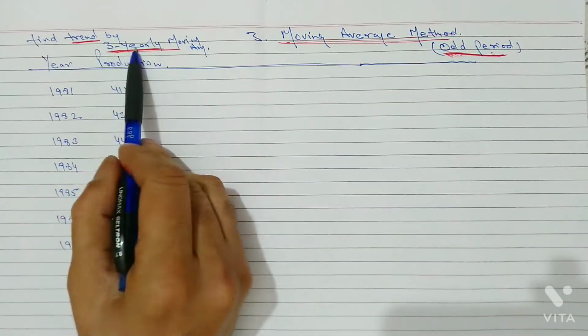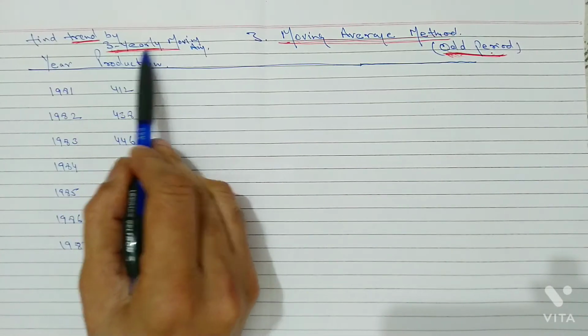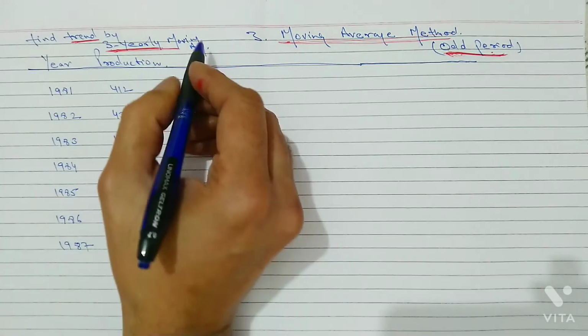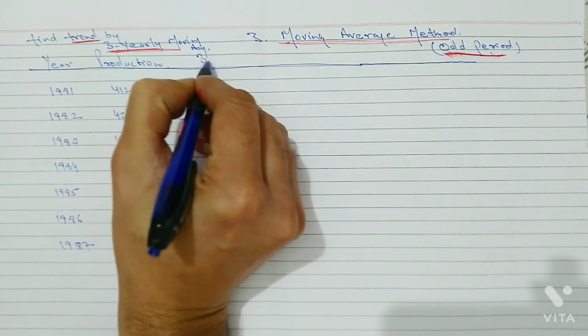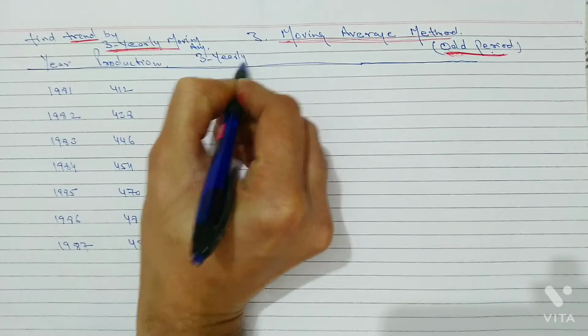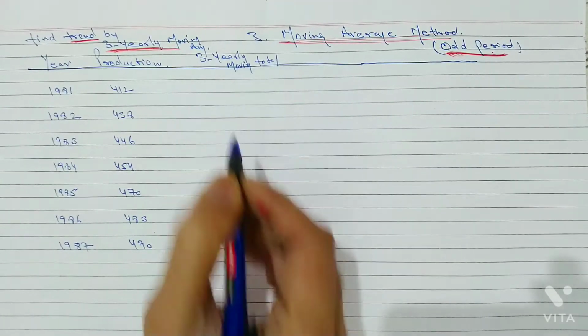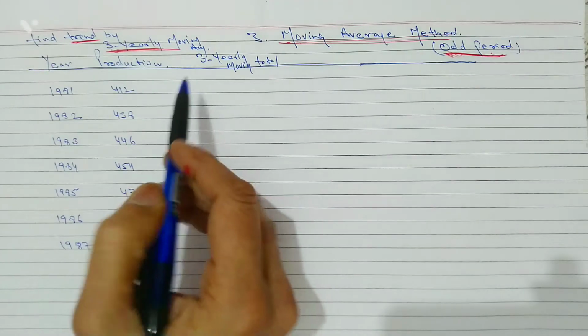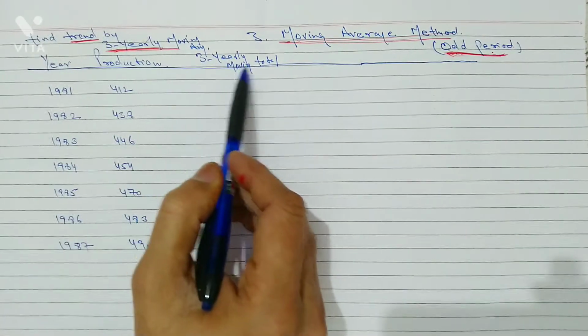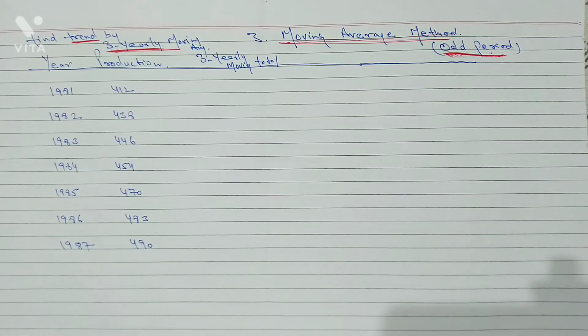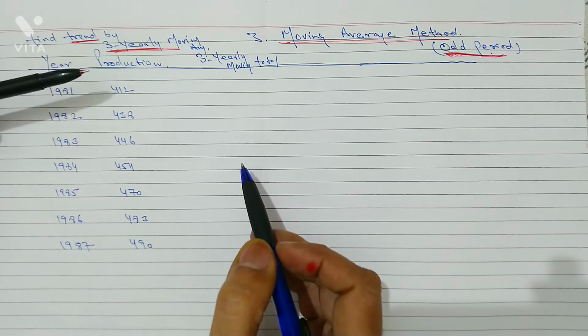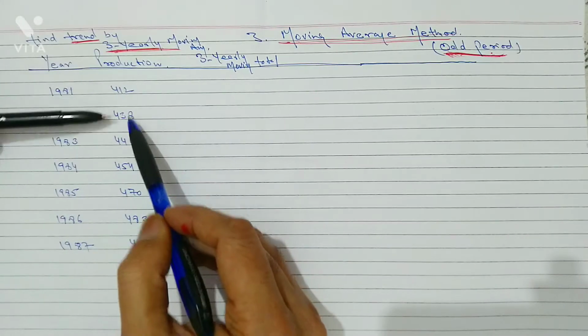Now for 3 yearly moving average, first find 3 yearly moving total. 3 yearly means first year, second year, third year.